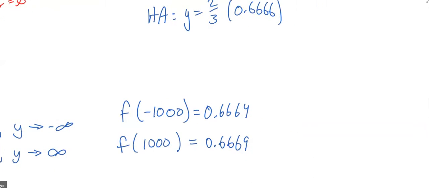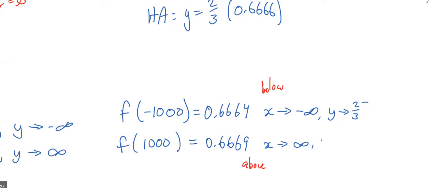So I'm going to write that down. Below, above, but we're going to do it the nice way as well, which is as x goes to negative infinity, y is approaching 2 over 3 from below. As x goes to positive infinity, y approaches 2 over 3 from above.